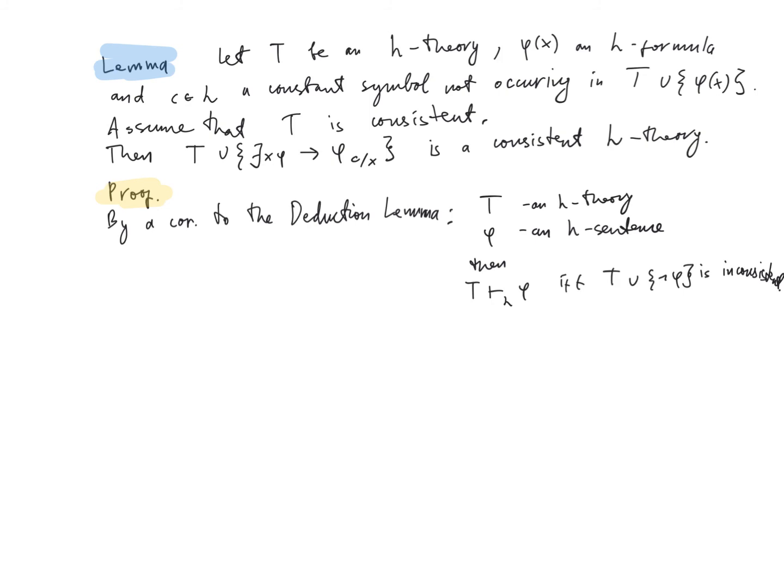Applying it to the formula that we are given, if the conclusion of the lemma doesn't hold, we have that T proves the negation of this sentence.